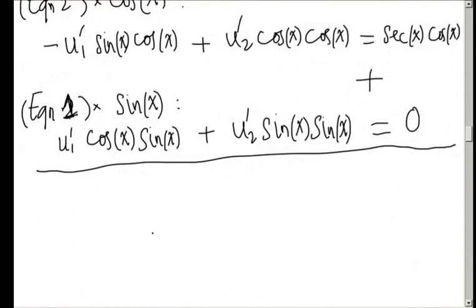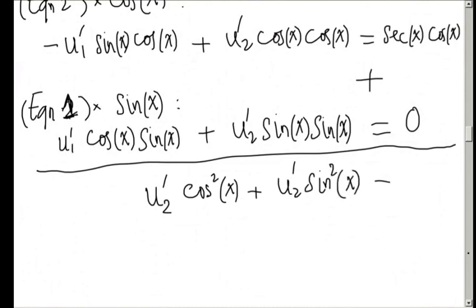So the first two terms cancel out, and I have left u2 prime cosine squared x plus u2 prime sine squared x equals secant times cosine. What is secant times cosine? Secant is 1 over cosine. So basically we have 1 over cosine times cosine.